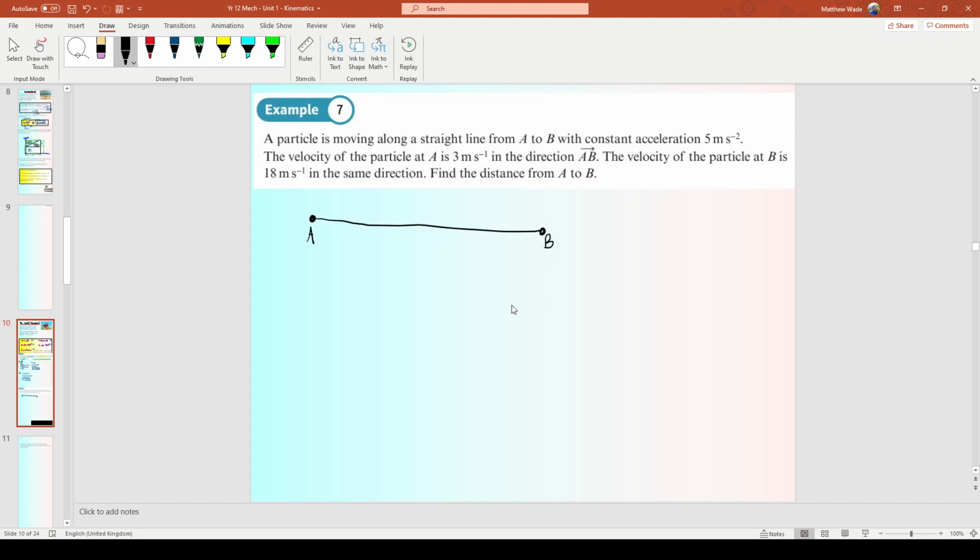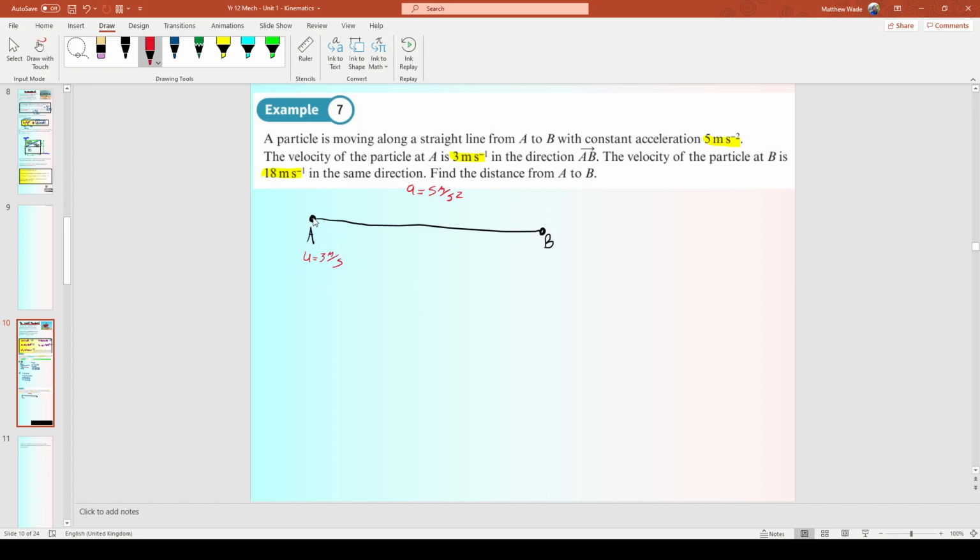Beautiful. Now it says straight away, my buddies, that it's got a constant acceleration of 5 meters per second squared, standard unit, which is great. It says that the initial speed at A is 3 meters per second. I'm rereading the question in order, and I'm just trying to find bits, okay? 3 meters per second in the direction of AB, so the velocity is going this way.